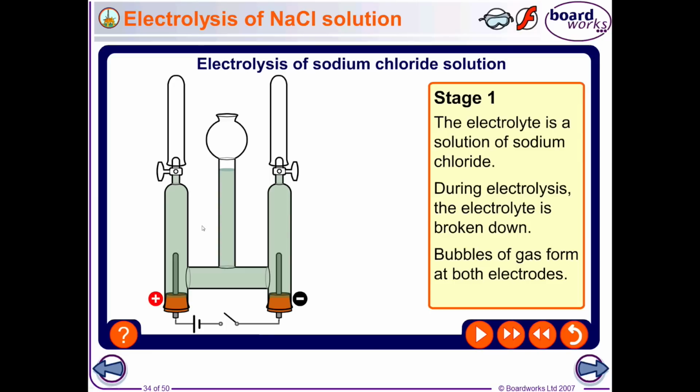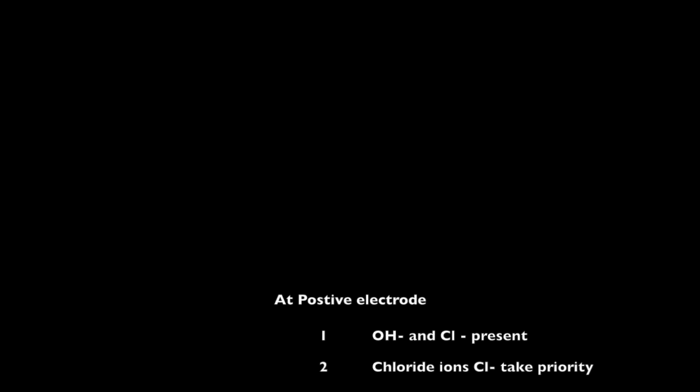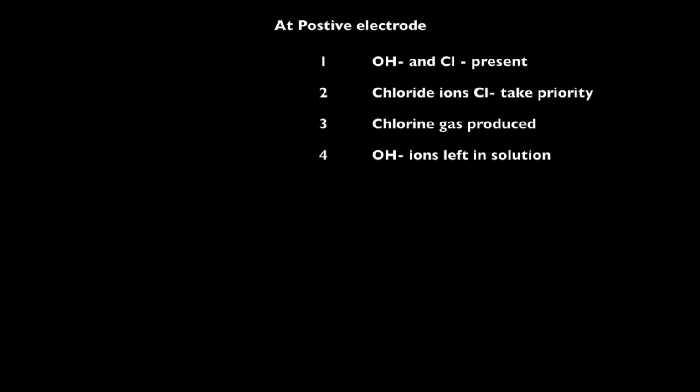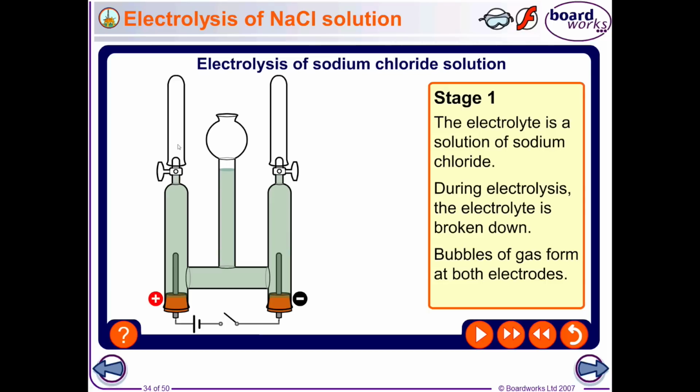Well, remember, if your ion is in group 7, it takes priority over the OH minus ion, and chlorine is in group 7, so the chloride ion will be turned into chlorine gas, which we collect above the positive electrode in this test tube. It's just a case of knowing that if you've got 2 negative ions, the one in group 7 takes priority over the OH minus.